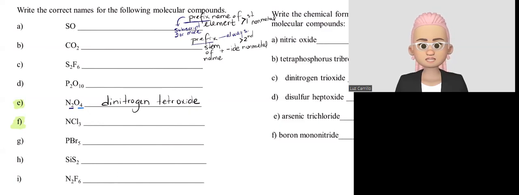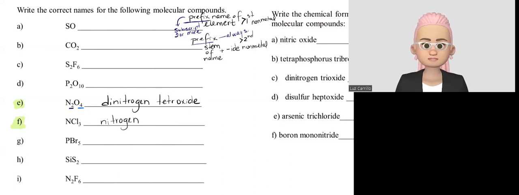Let's do letter F. In letter F, we also have a nitrogen covalent compound. But here, since we don't see a number in the bottom right corner of that nitrogen, we know that we only have 1. Whenever we have a subscript of 1, particularly with the first element, we don't have to put a prefix. So the first word in this name is just going to be nitrogen.